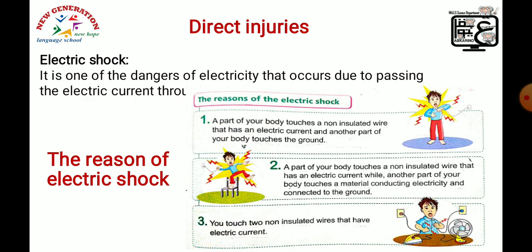And finally, number three, you touch two non-insulated wires that have electric current, as you see in this picture. So all these points are from the reasons of the electric shock. Super.